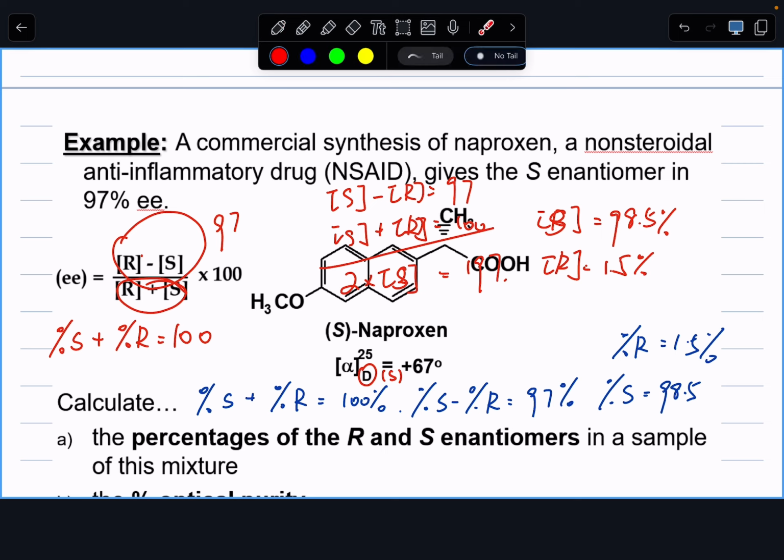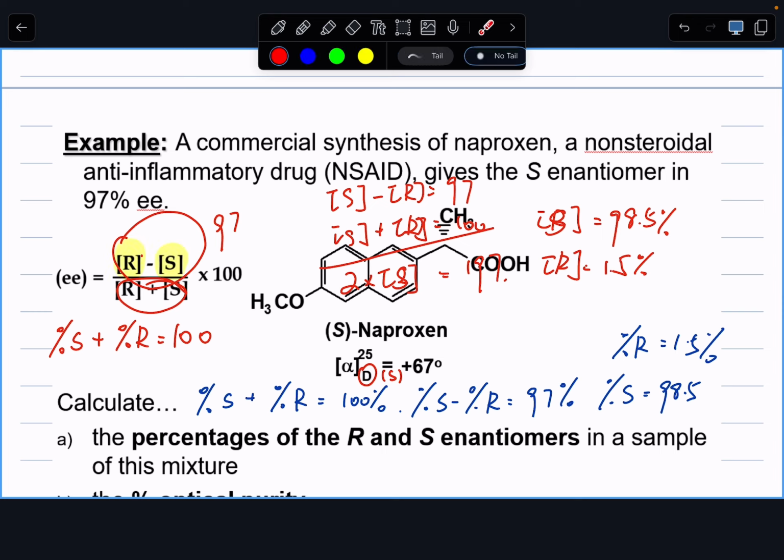We're telling you that the S enantiomer in 97% EE means we have 97% more S than R in my mixture. So in this equation, R and S are not fixed. It's whichever is the higher number and whichever is the lower number.